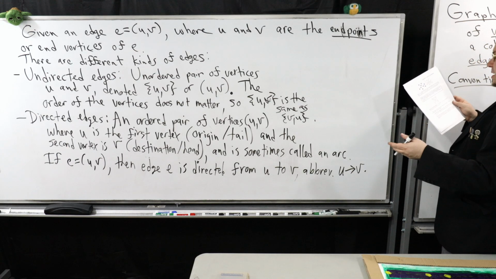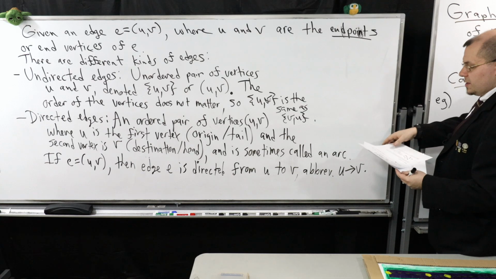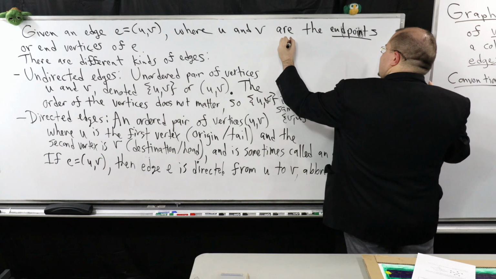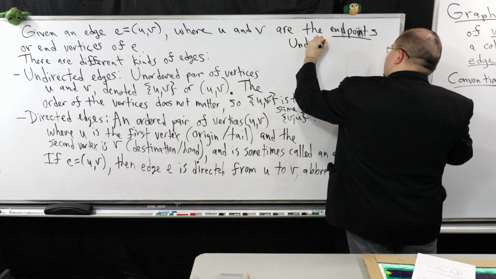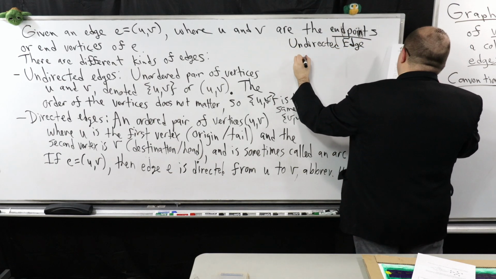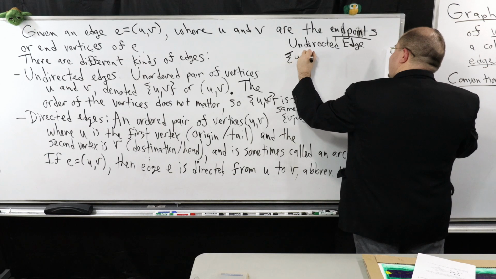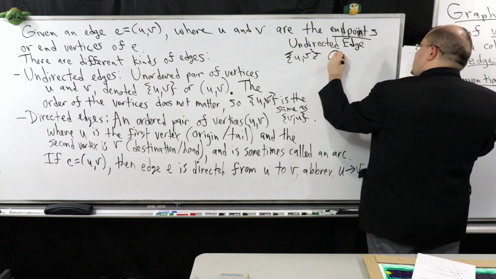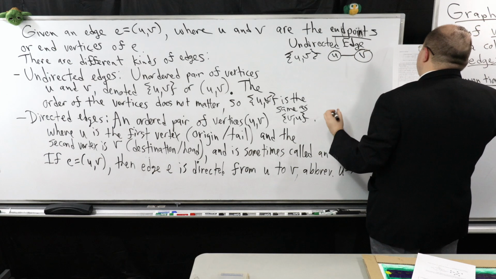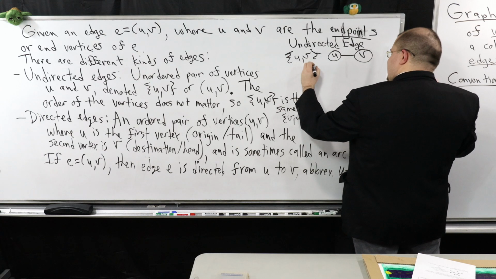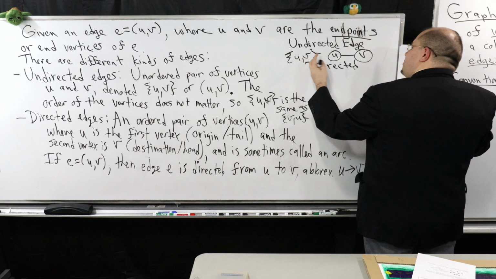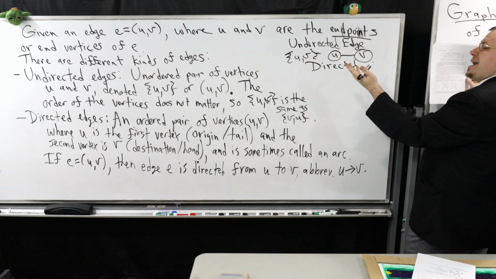So just to give you a clear picture of what these edge types look like, here's the picture. So here's what an undirected edge looks like. If I give you UV like this, it just looks like that. That's an undirected edge. Now remember, if I put VU, it doesn't matter. This is the same edge.